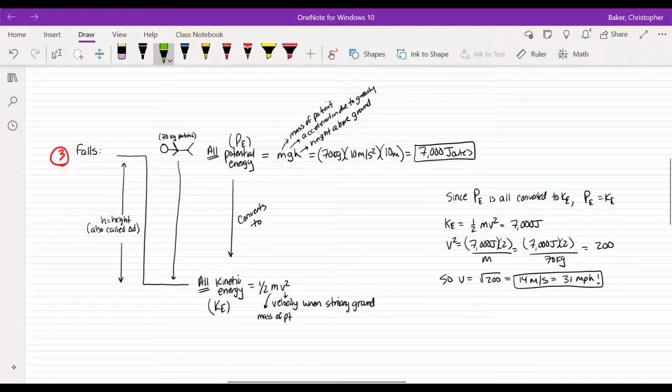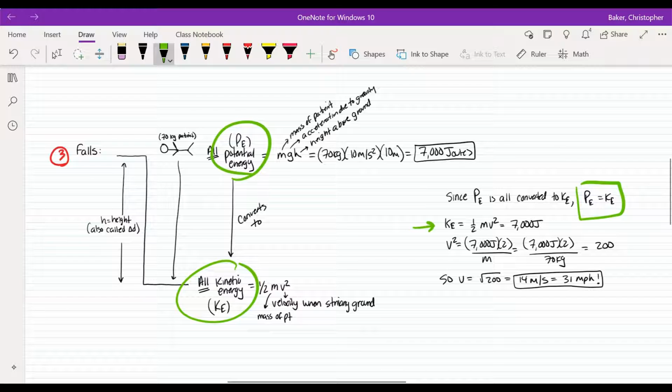So since all his potential energy gets converted to kinetic energy, we set them equal. So potential energy is equal to kinetic energy. Earlier, we calculated his potential energy to be 7,000 joules, and now we set that equal to his kinetic energy. So kinetic energy is equal to 1/2 mv squared is equal to 7,000 joules.